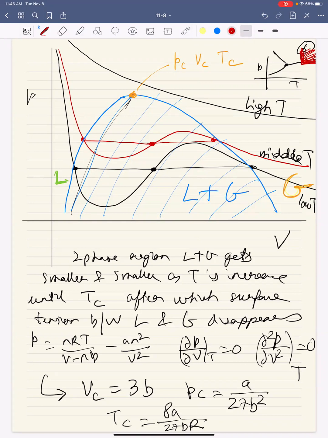It is one phase, that's it. Liquid and gas, it's one.